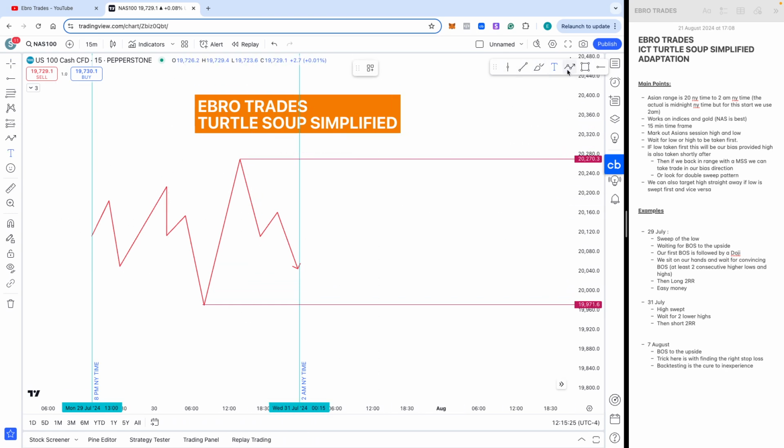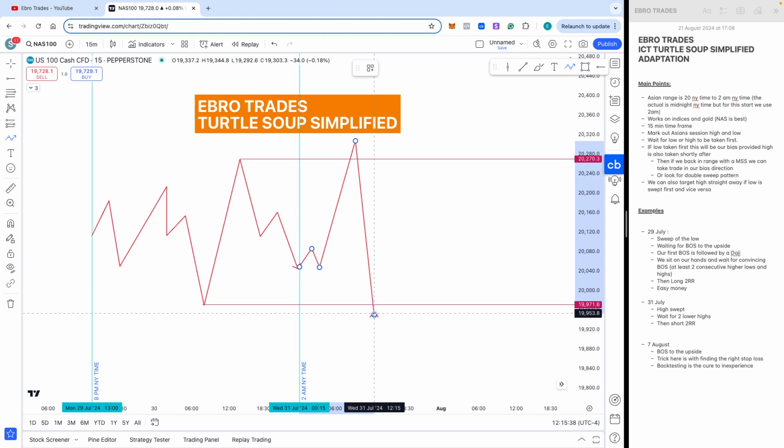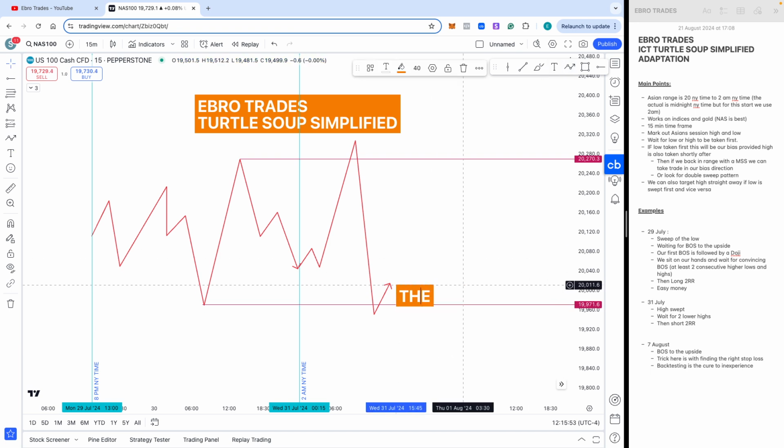Essentially, how Turtle Soup works is if the high is swept first, we then wait for the low to be swept as well before finding long trades. So if the high is swept first, we wait for the low to be swept as well before looking for buys, right?